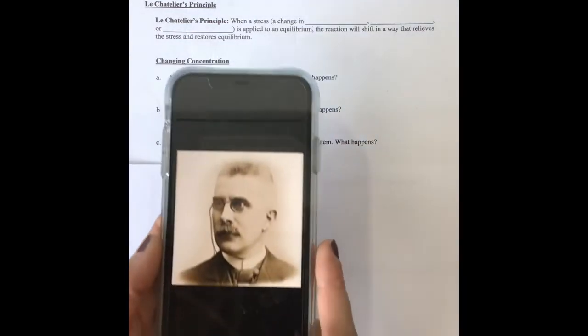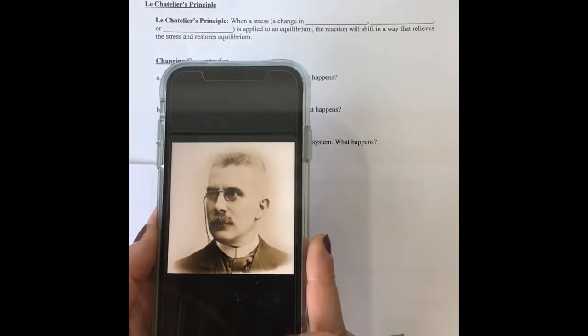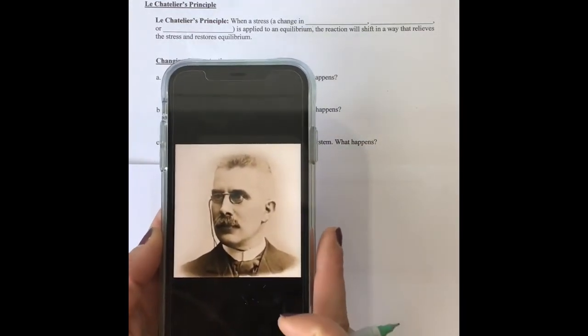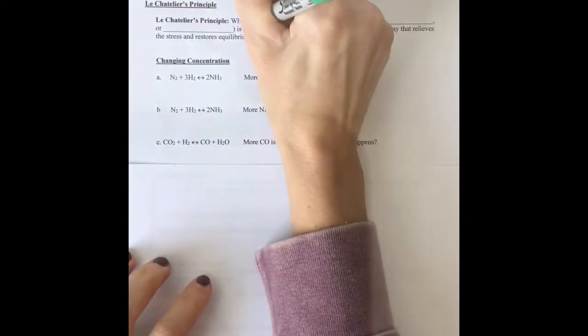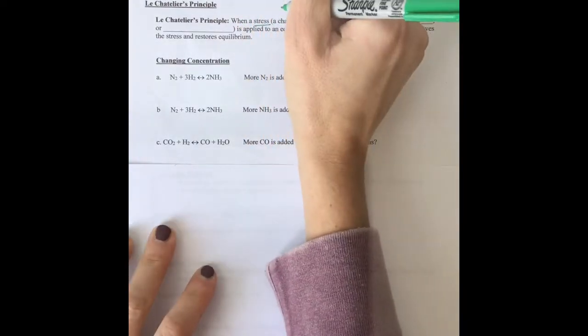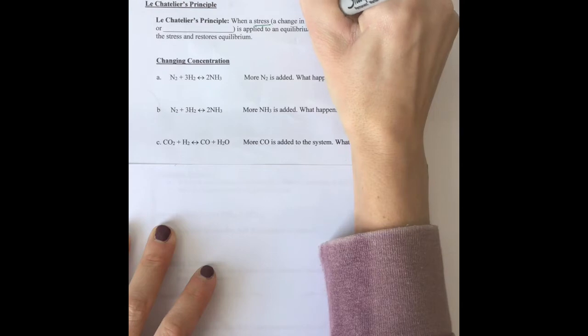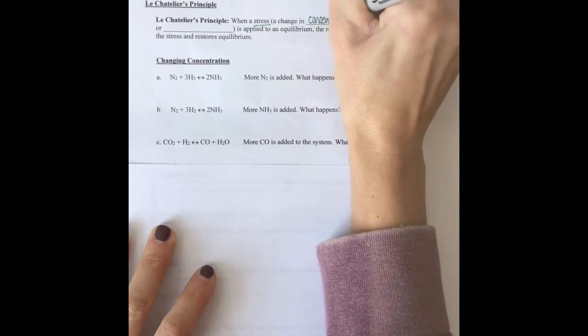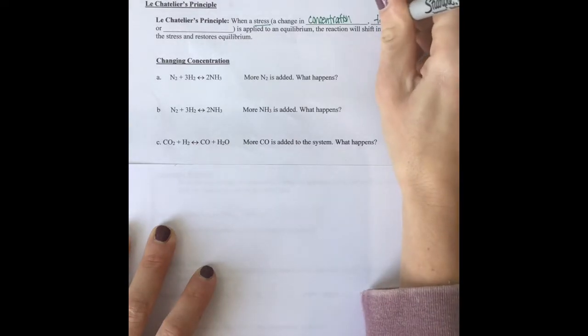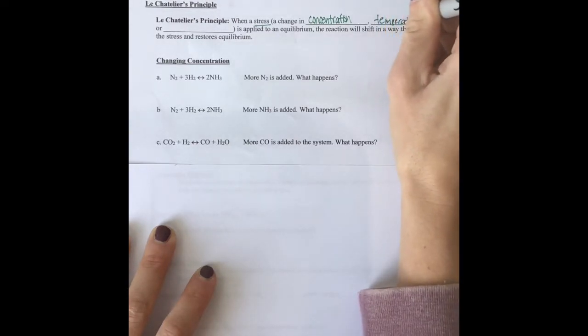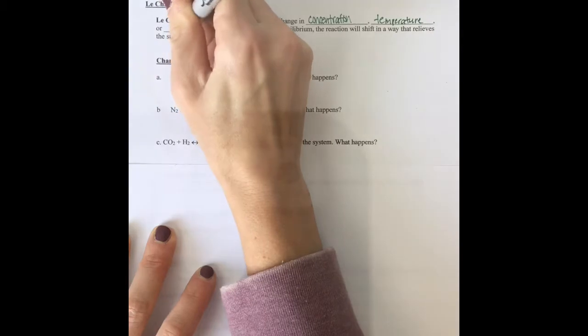On the back of your paper, we're going to look at Le Chatelier's principle. And this is the guy, this is Le Chatelier, and he was the first to study the effect that different stresses had on equilibrium reactions. And so these stressors could be anything like a change in concentration, a change in temperature, or a change in pressure.